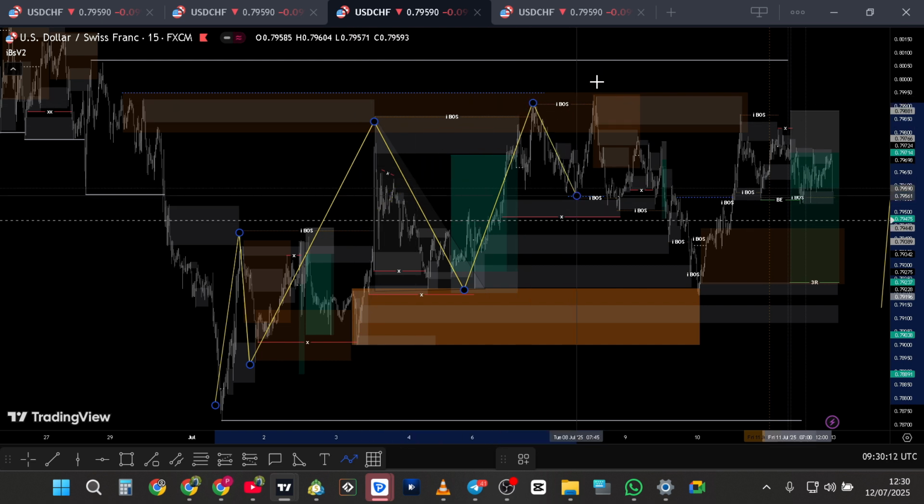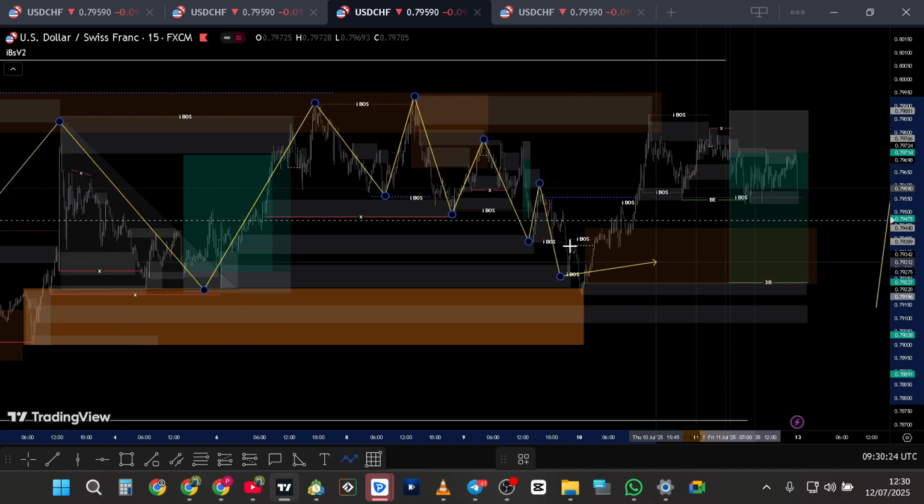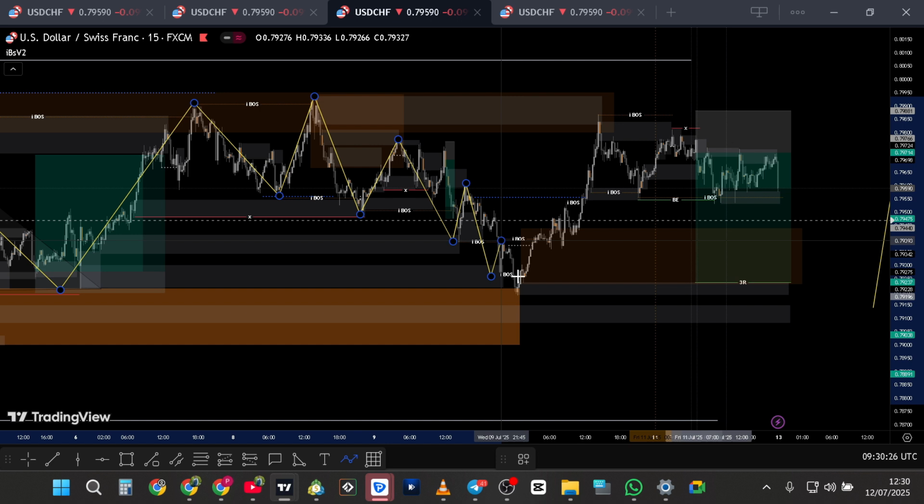So price came back, shot to the upside, then shot to the downside, and then we changed direction. So we had a lower low, lower low, lower high, and then lower low. Let me zoom in, and then lower high, okay, and then lower low, then break of that lower high. So yeah, lower high, and then we change direction again to here, and like that.